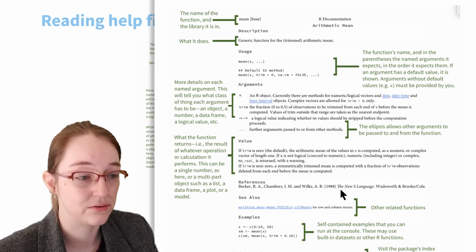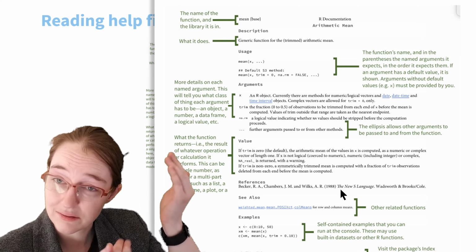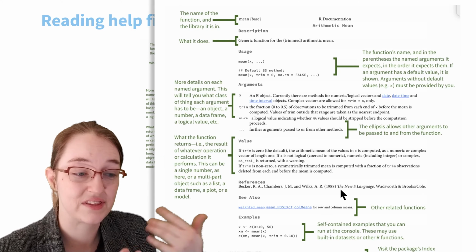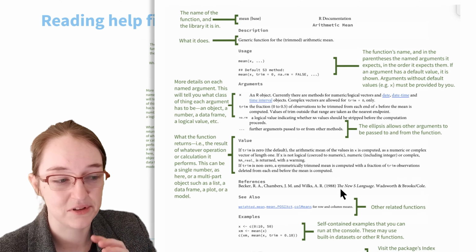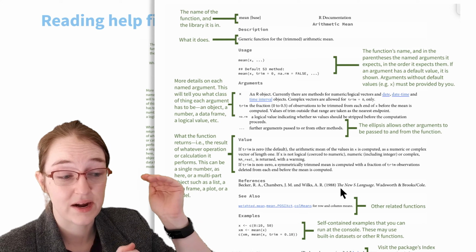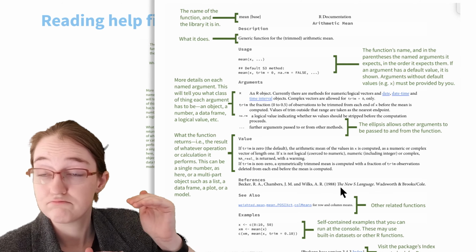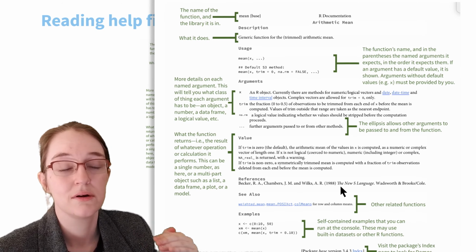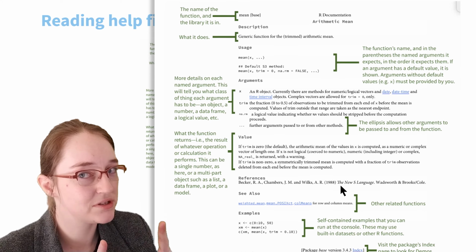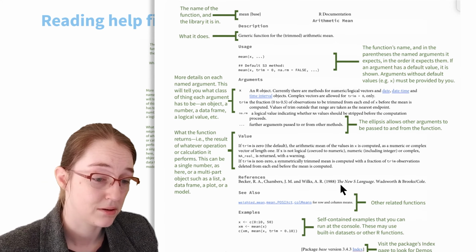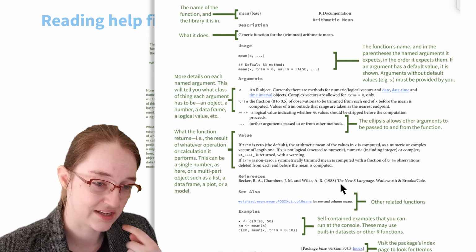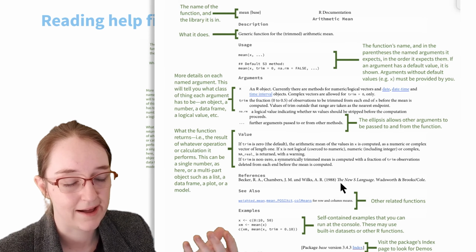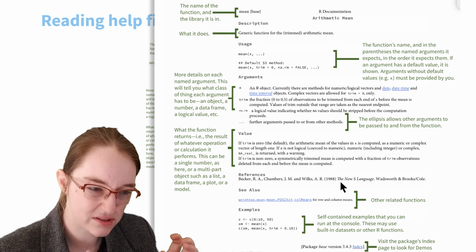When you write this documentation yourself, you also have the option to suggest similar related functions, as well as write self-contained example code. Not everyone does this. I strongly encourage you to do it because it's very helpful to the users to check to make sure it works and show you what it's supposed to do.